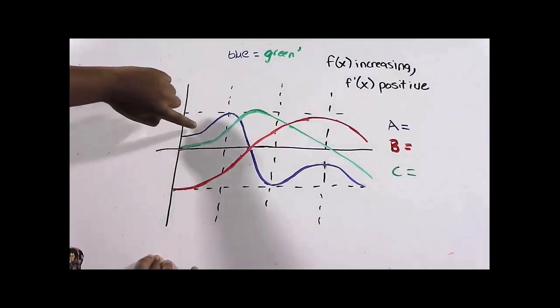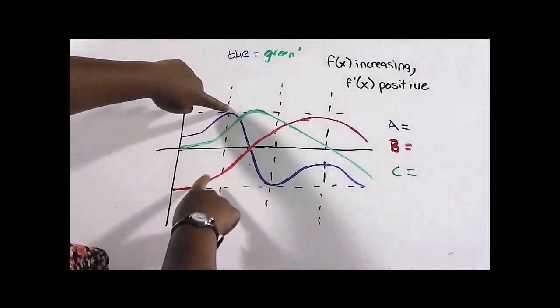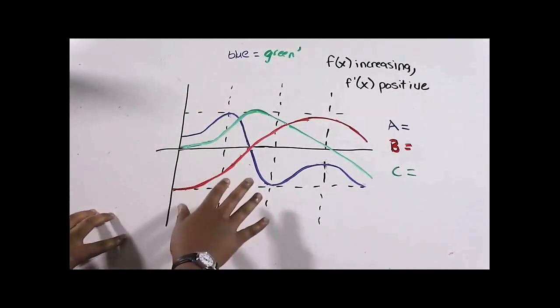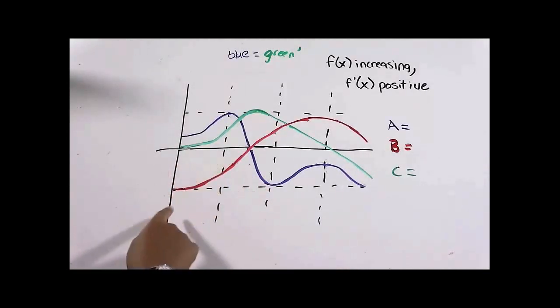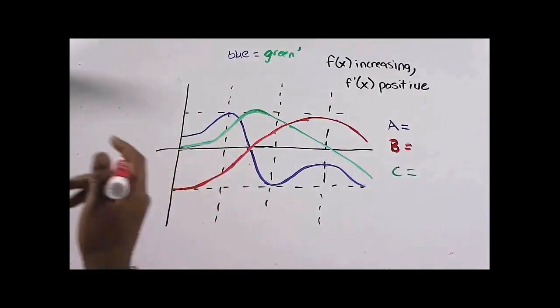The blue function is increasing, and the red function is below the x-axis. So we know again for sure that the red function is not the derivative of the blue function. And if it's not the derivative of the blue function or the green function, then it must be the original graph, f of x.